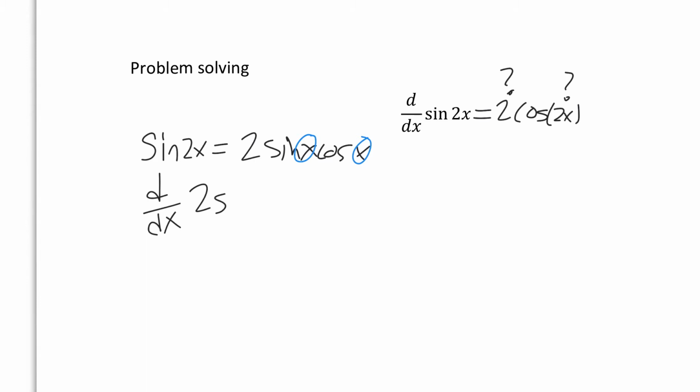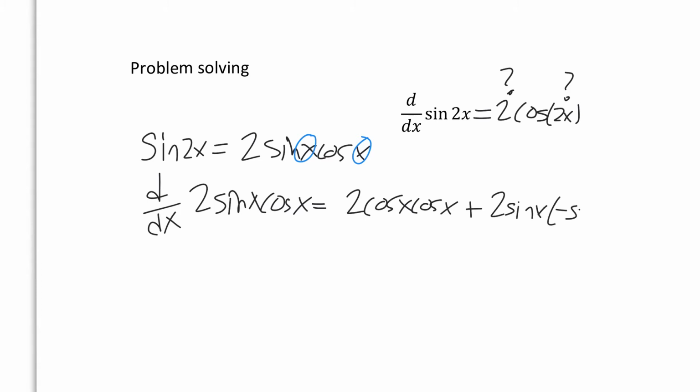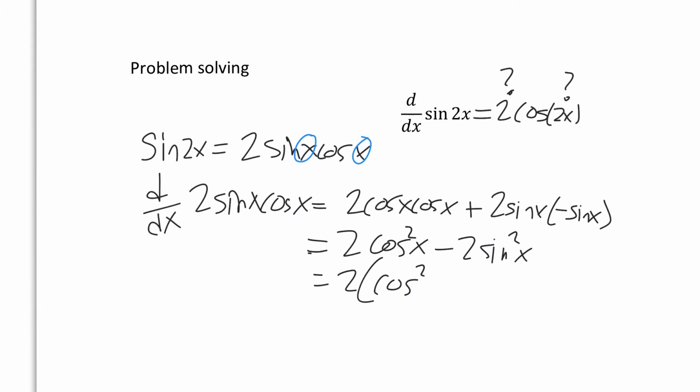So the derivative of 2 sine x cos x will be: derivative of the first is cos x, leave the second alone, plus leave the first alone, derivative of the second is negative sine x. So we get 2 cos squared x minus 2 sine squared x. Well, there's a 2 in common there, so you could factor that out as cos squared x minus sine squared x.